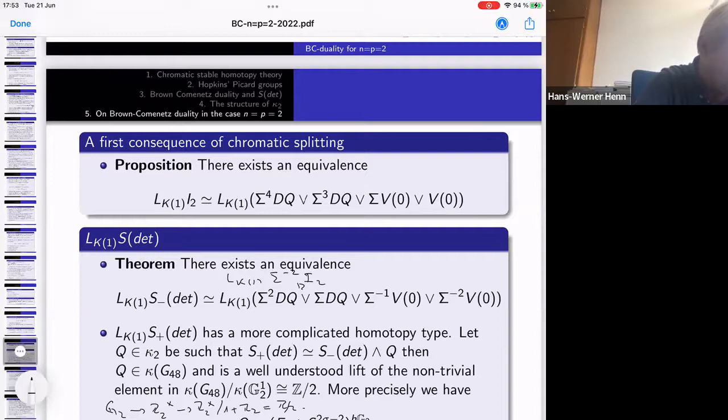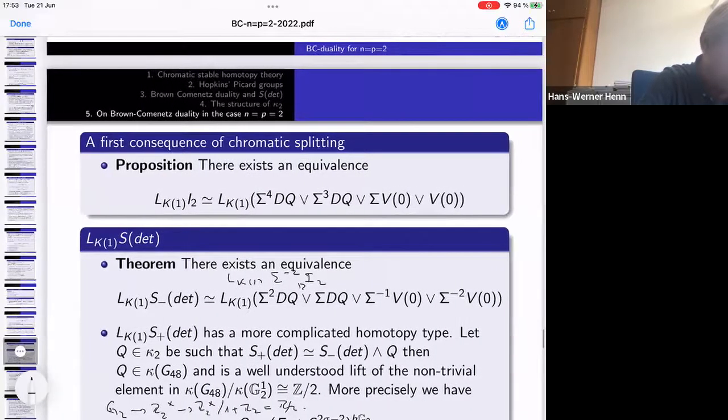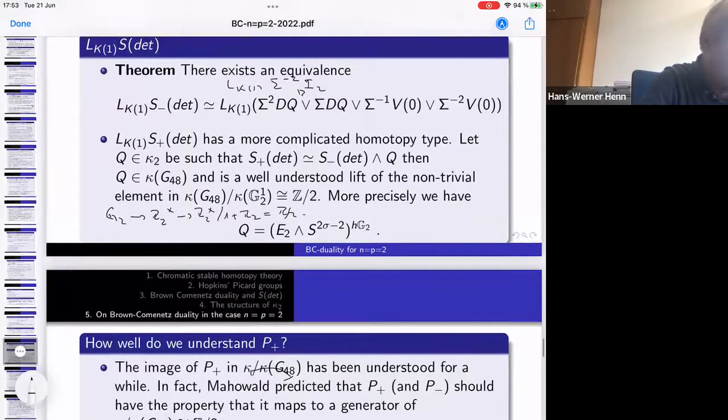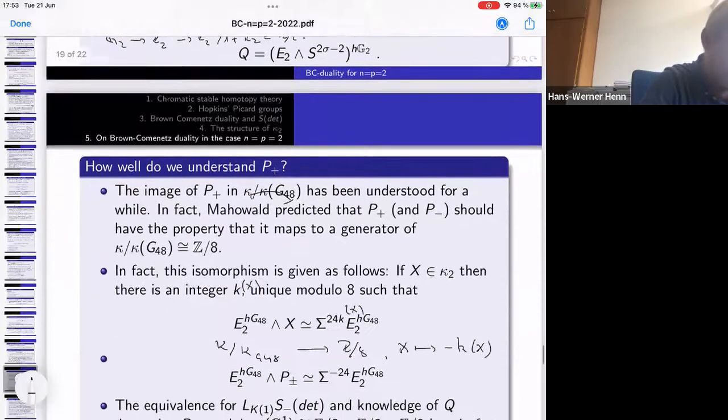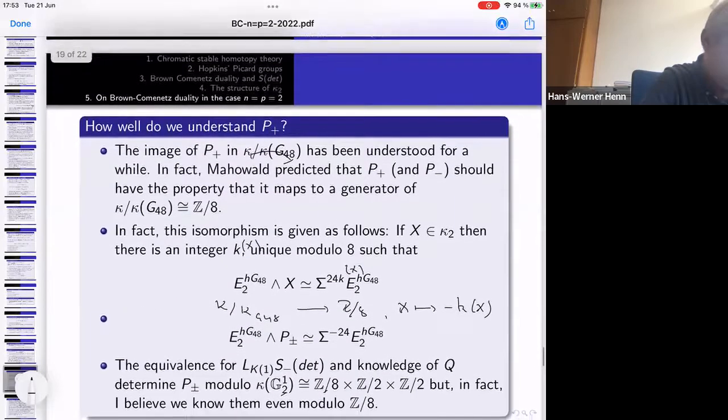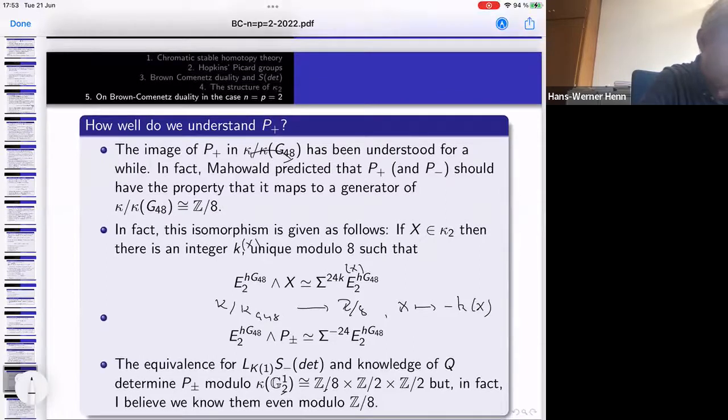So one way of thinking about this refinement is that we determine L1 of P plus. And L1 of P plus is standard. Okay, so what remains is sort of this other thing, this C mod 8, this dies under L1 localization.